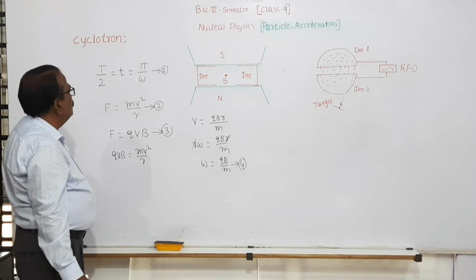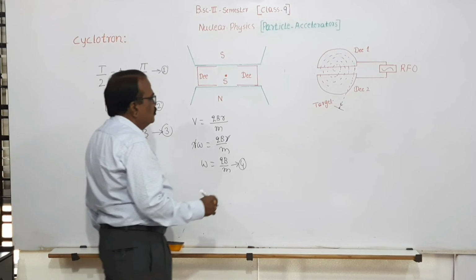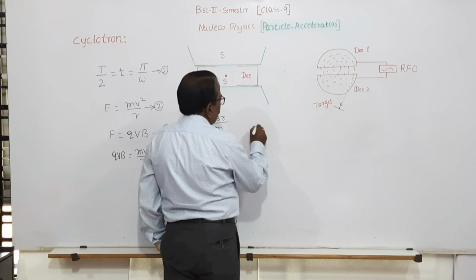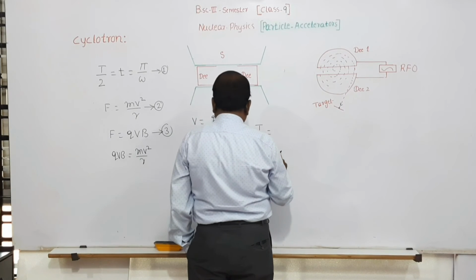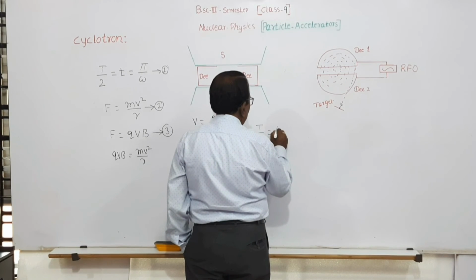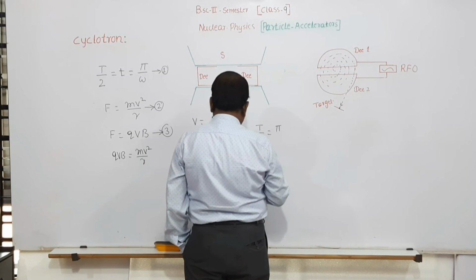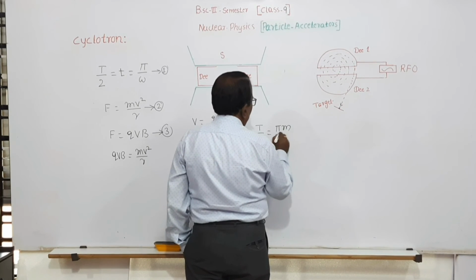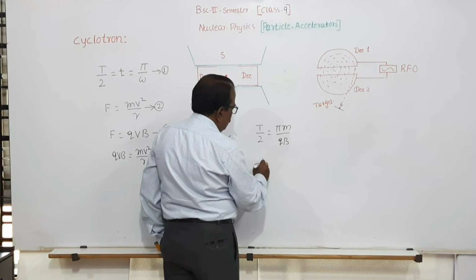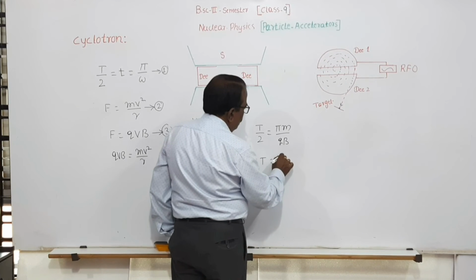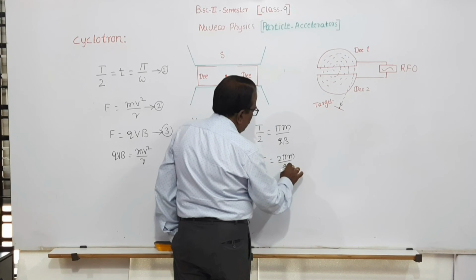Then if you substitute this in equation 1, it is T by 2 is equal to pi m upon qB, or this is T is equal to 2 pi m upon qB.